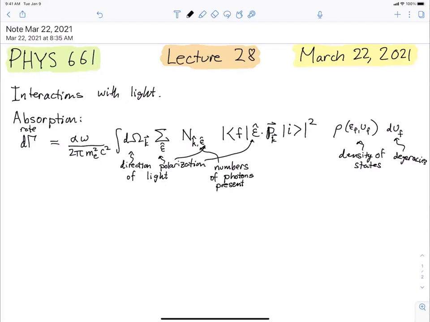And then this curly P operator, which is a vector, we wrote that down before. That's e to the i k dot r times the momentum operator minus i k cross the spin.